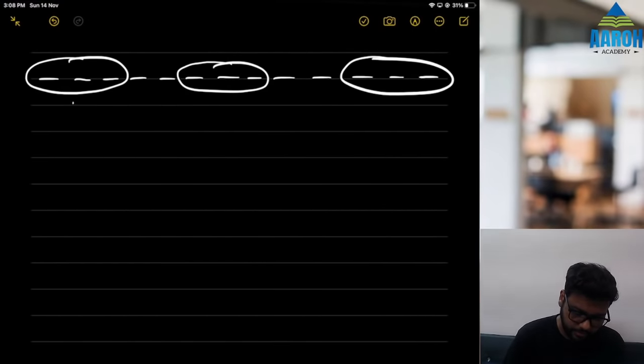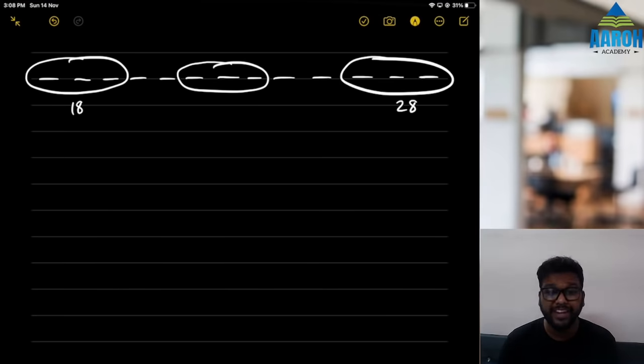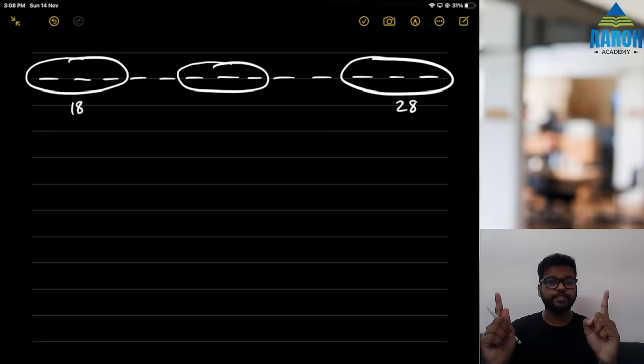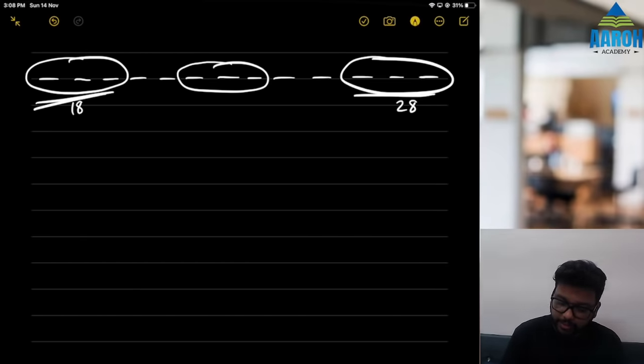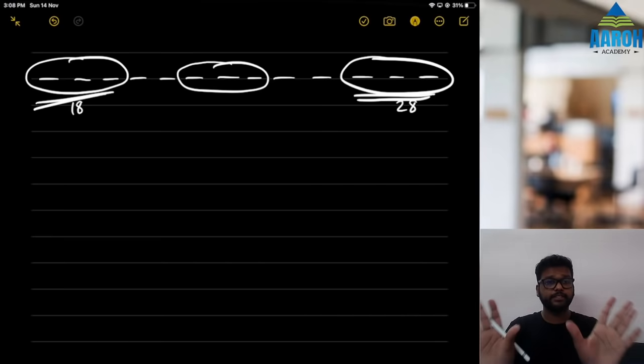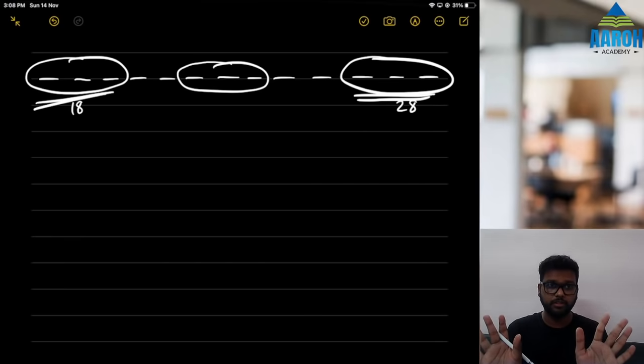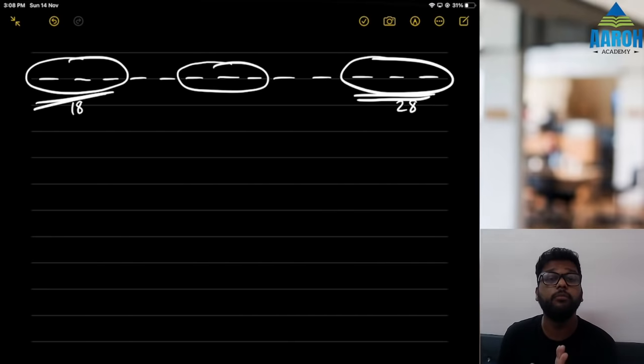Always remember that for AP, average of extreme terms is equal to middle term. So average of extreme three terms will give us the middle term always.